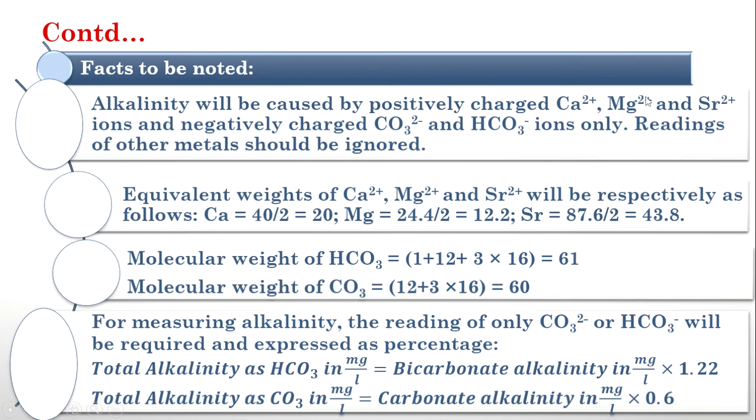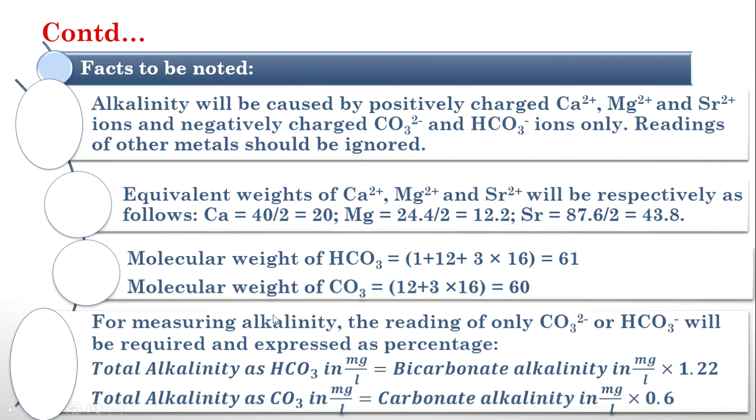If there are other ions in the list, we can ignore them. Second, the equivalent weight of calcium is 20, magnesium is 12.2, and strontium is 43.8. You have to note these values. Third, the molecular weight of bicarbonate is 61 and the molecular weight of carbonate is 60. This also you have to note before finding hardness.